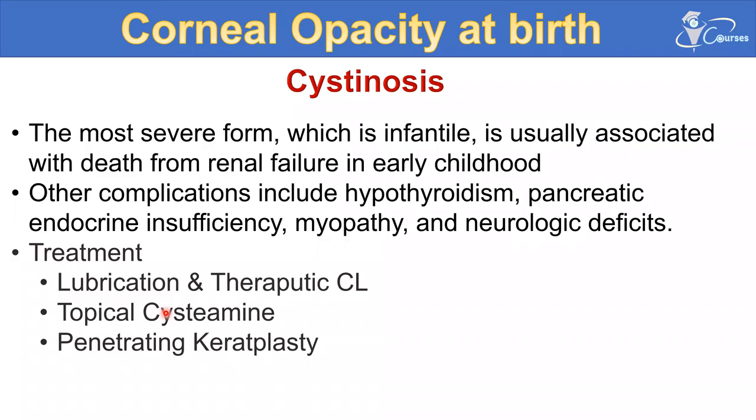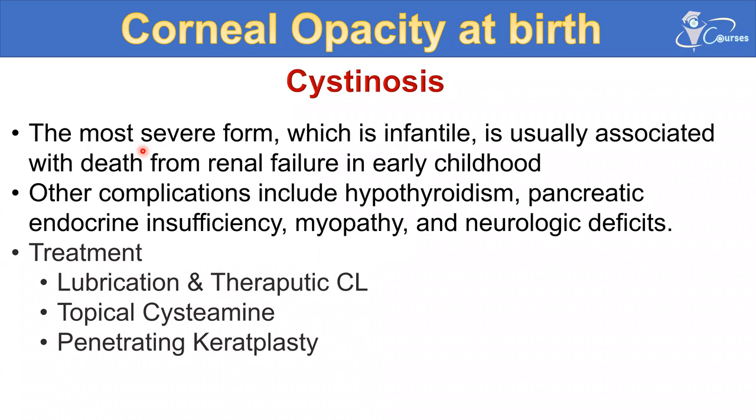So eventually, if this patient doesn't improve on topical cysteamine, then the definitive management will be penetrating keratoplasty. However, unfortunately, there is recurrence of the crystalline deposits also on the penetrating keratoplasty or on the corneal graft.